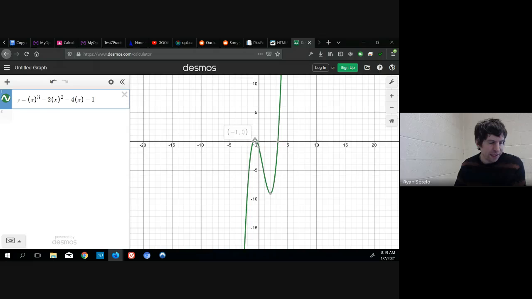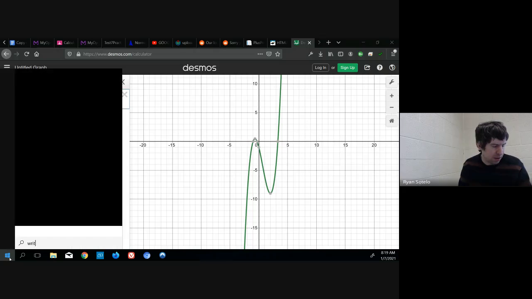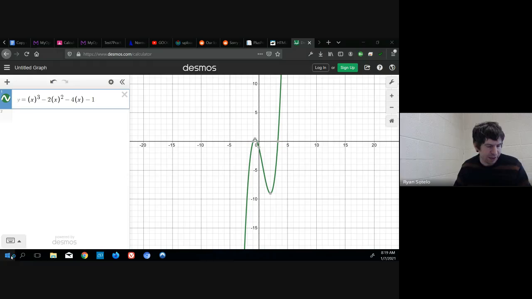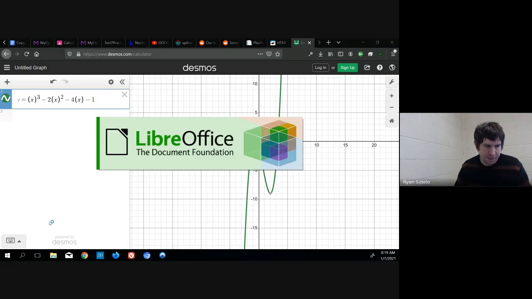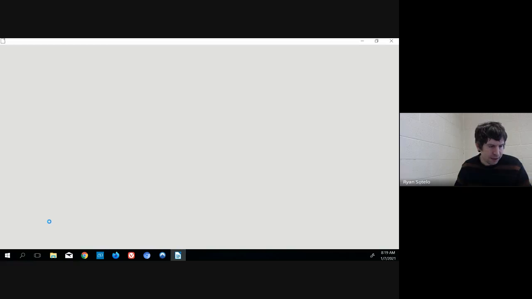Now you may get this as a table. So instead of having a graph, you may have a table. Let me make a little Word document. Well, I can just write.